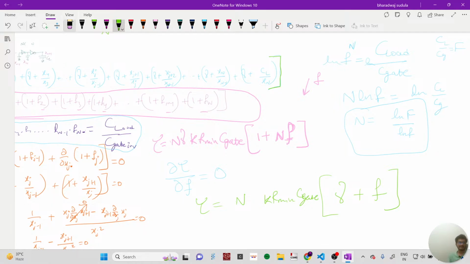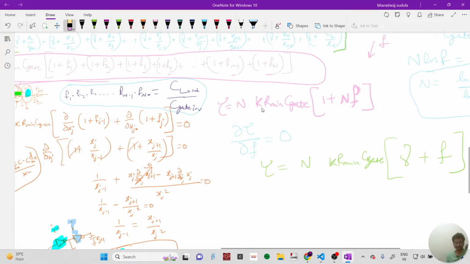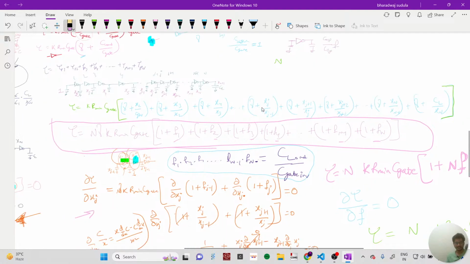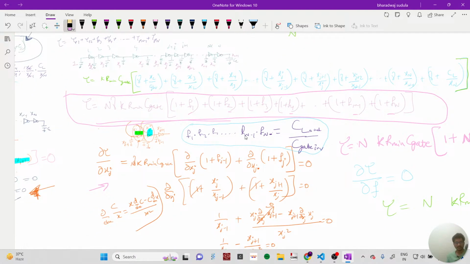Okay, why did you even take this gamma outside? That doesn't make any sense. If gamma is here, then I should divide it by gamma, right? So why didn't I mention that? Sorry guys, I might have confused you. So there is no gamma here. Gamma is inside only.